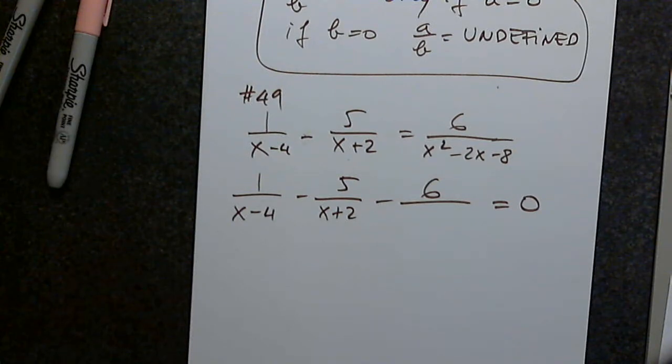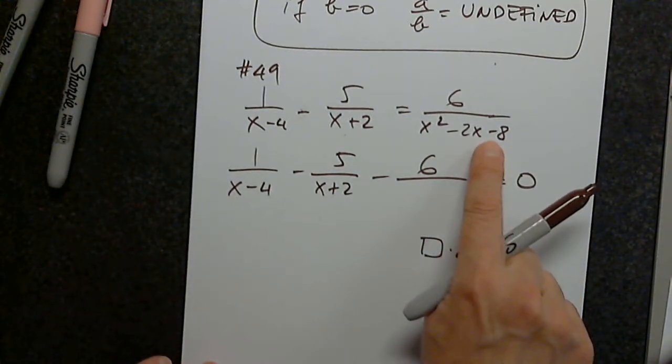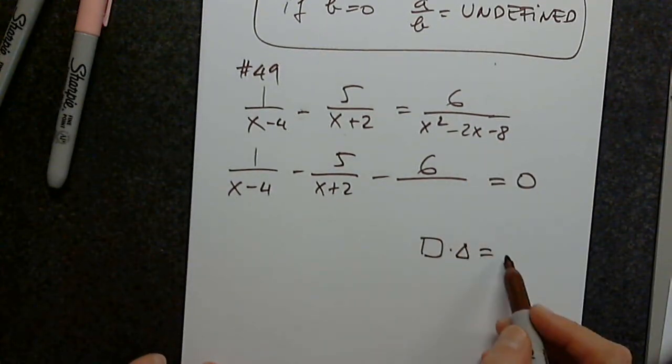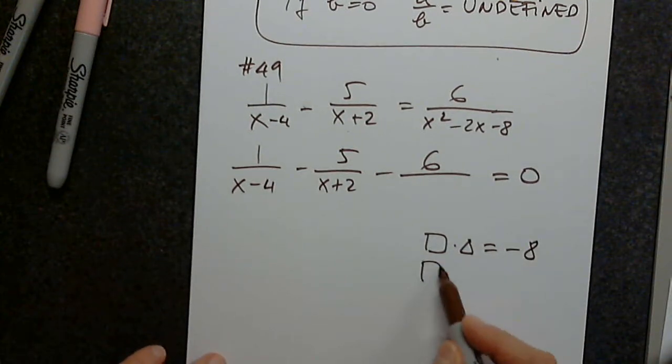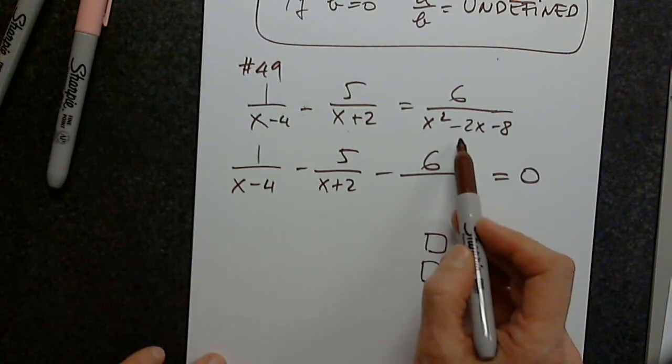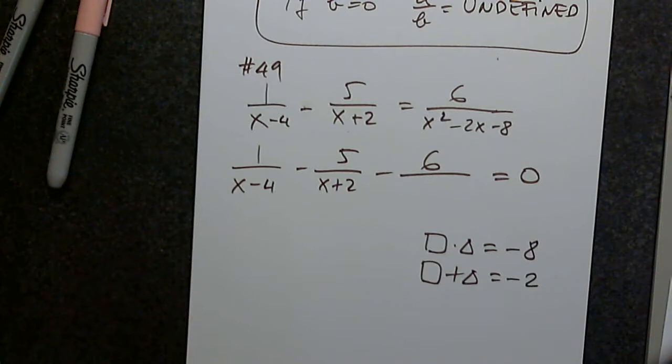You have to find two numbers whose product is negative 8, with a sign always, and whose sum is, very good. Can we find two numbers whose product is negative 8 and whose sum is negative 2? Well done.